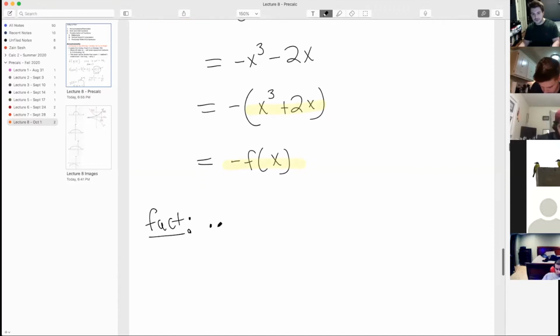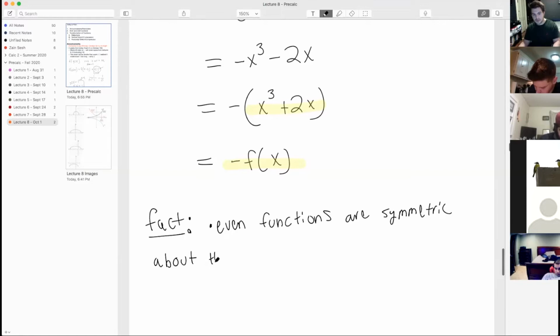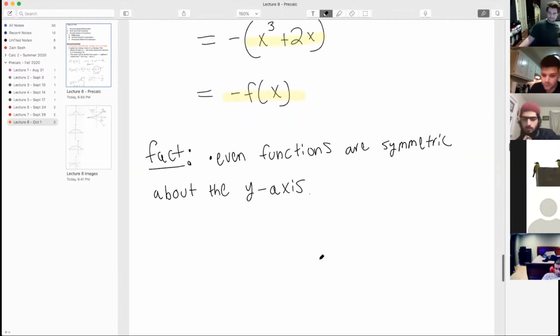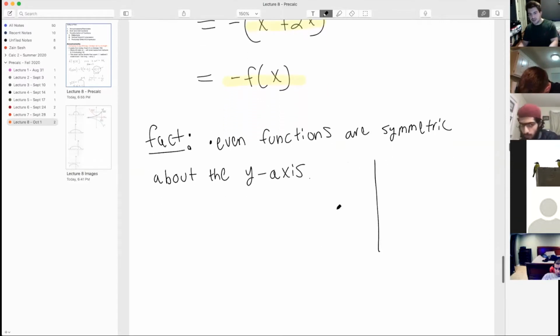Okay, the first thing, even functions are symmetric about the y-axis. And you can see that just by looking at the graph of the parabola of x squared.